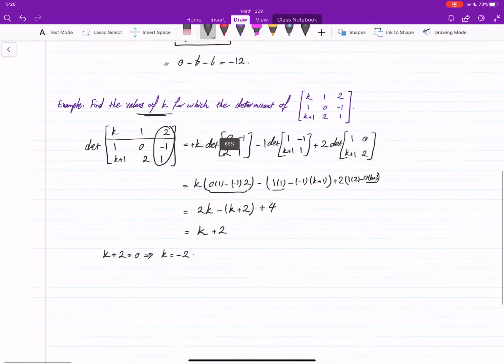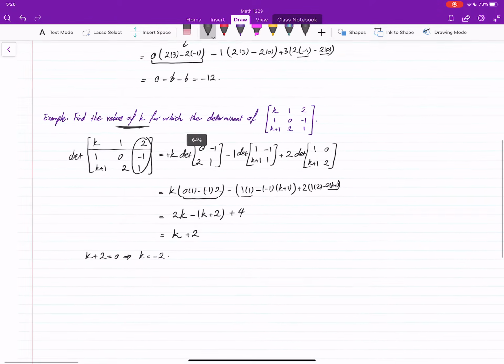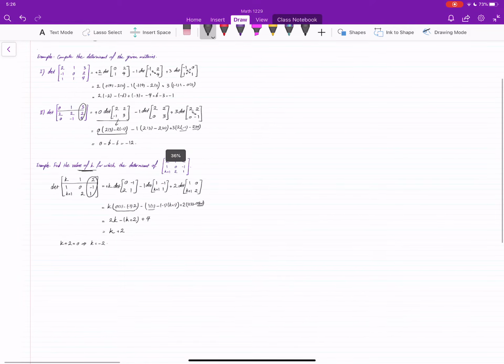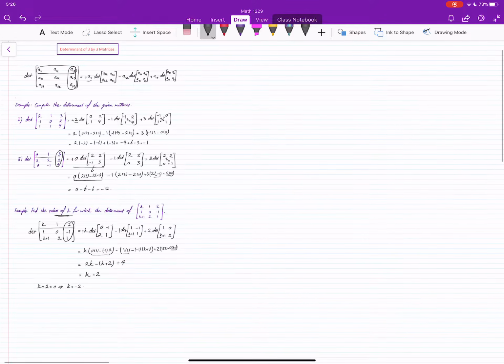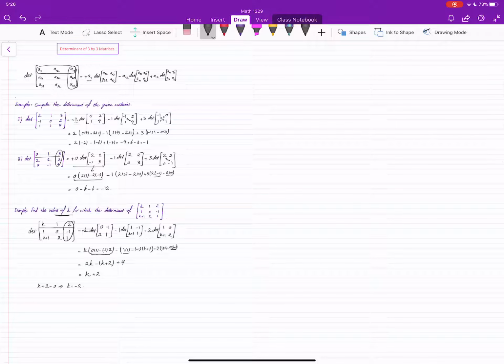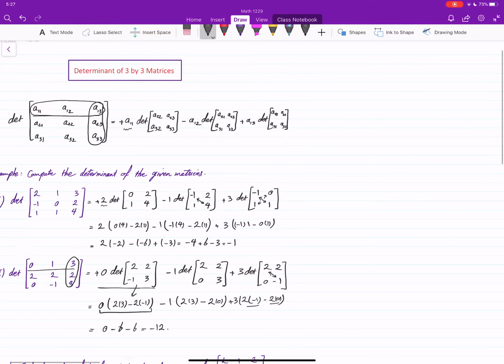As you see, the formula is not easy. Let me go back to the formula. Always you have to reduce first the determinant to the determinants of 2 by 2 matrices and then go from there.